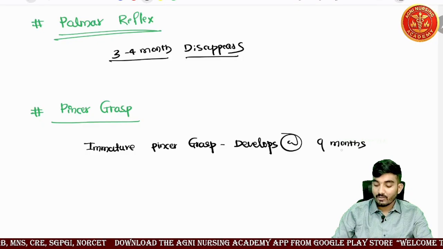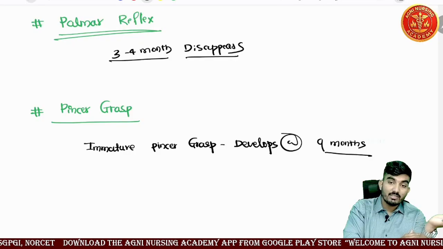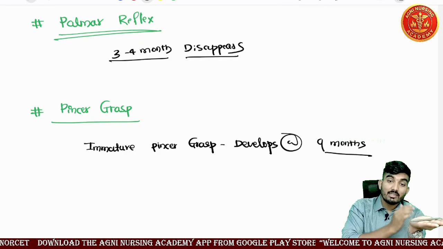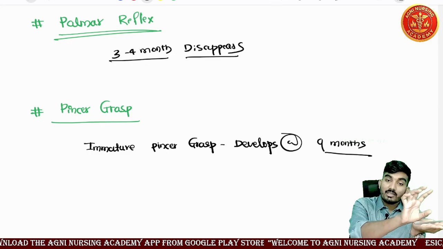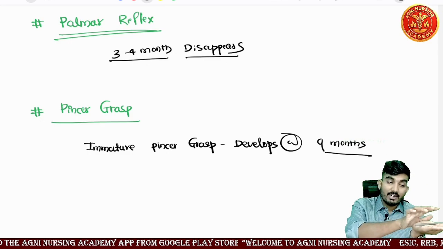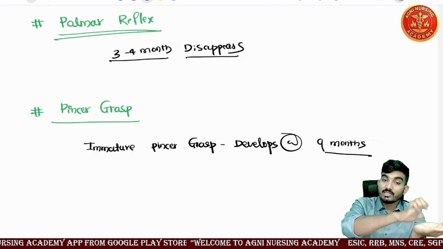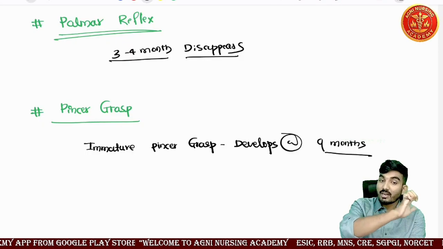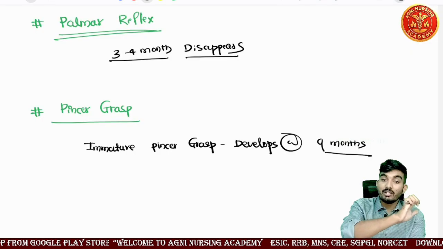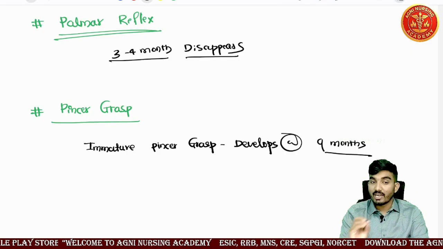It means if we keep an object on the surface, the child will grasp the object from the radial aspect of the hand, and the child will grasp the object with the fingers. That is called the immature pincer grasp. It develops at the age of 9 months.